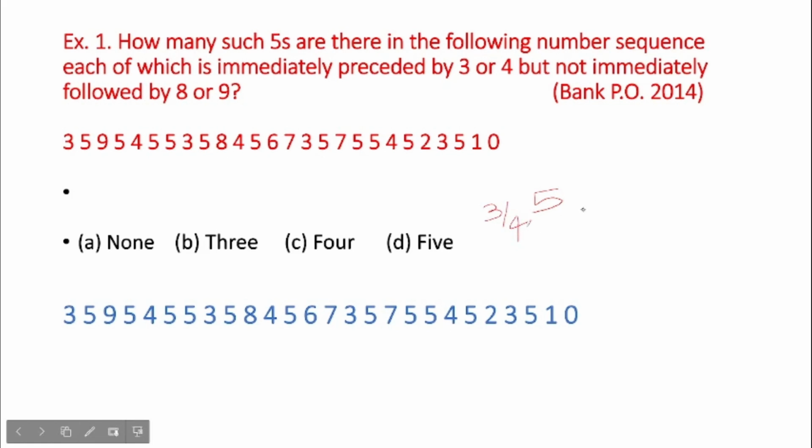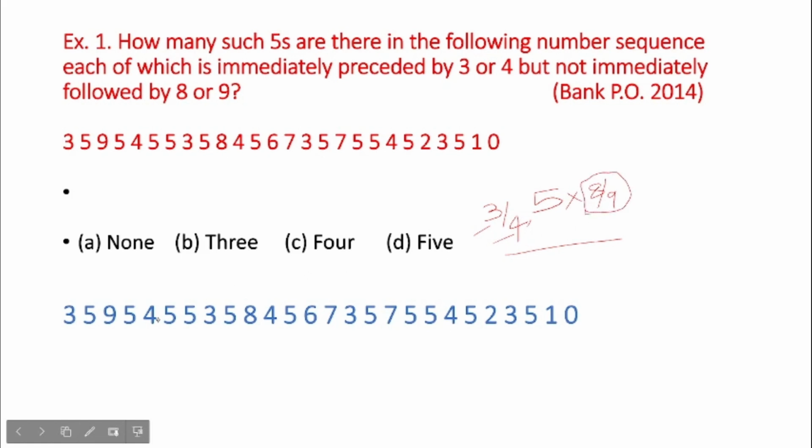But not immediately followed by 8 or 9. That means there shouldn't be an 8 or 9 immediately after 5. The condition is: before 5 it has to be a 3 or 4, and after 5 it shouldn't be an 8 or 9.